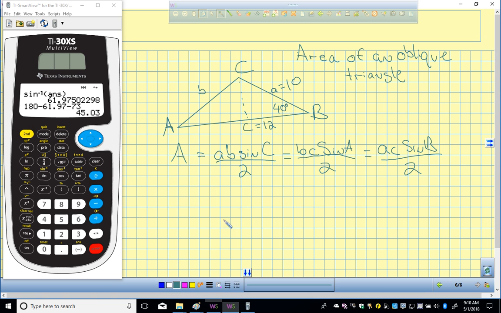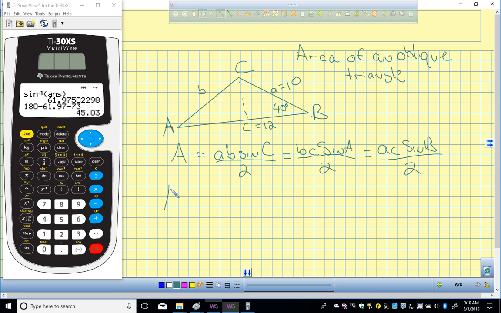All you have to do to find the area of this triangle is this times the sine of this divided by 2. And the angle always has to be included between the two sides. So AB sine C or BC sine A. That angle has to be in between.